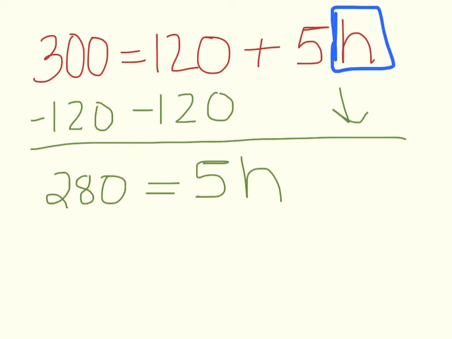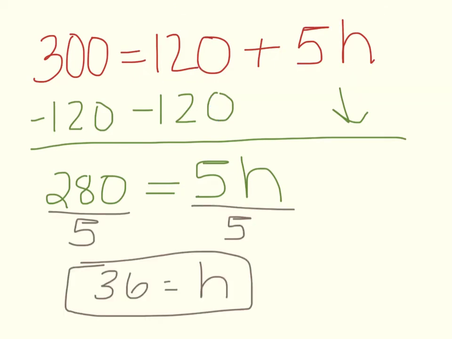So the first thing we get rid of is 120 because that's what's being added. So to undo this addition of 120, we do the opposite, which is subtraction, and minus 120 from both sides. So now we're left with 280 over here equals 5h because this cancels out.